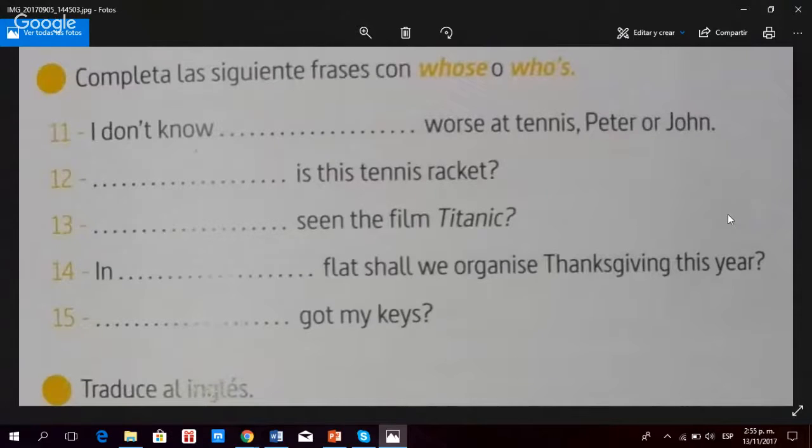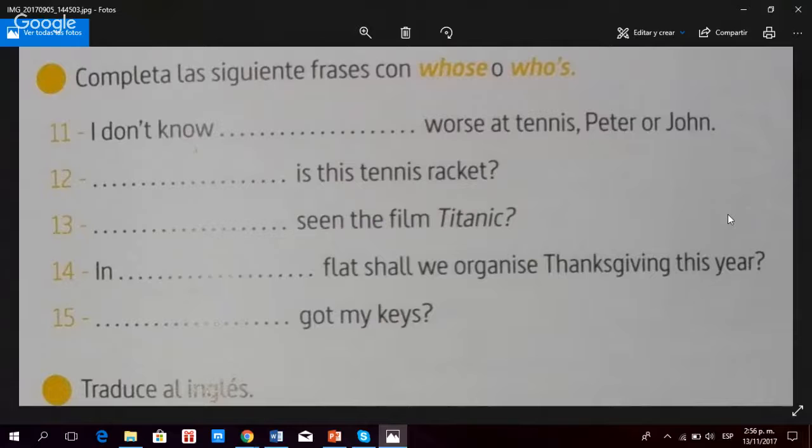I don't know whose tennis racket it was, Peter or John. Whose. Whose is this tennis racket? Whose. I confuse the pronunciation.